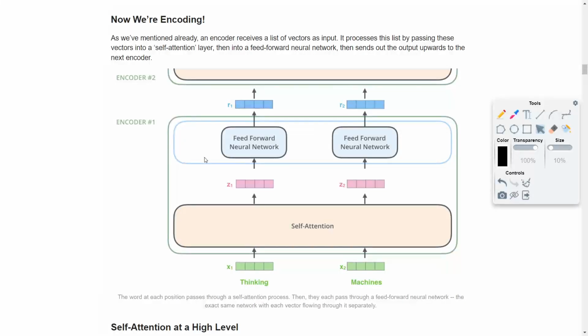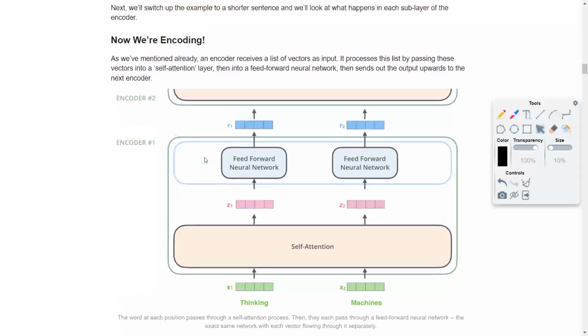As we discussed above, the encoder component might have a stack of encoders. So we pass the input to the self-attention layer, get the outputs z1, z2, pass those to the feed-forward layer, and from that we get outputs r1 and r2 that we pass to another encoder block.